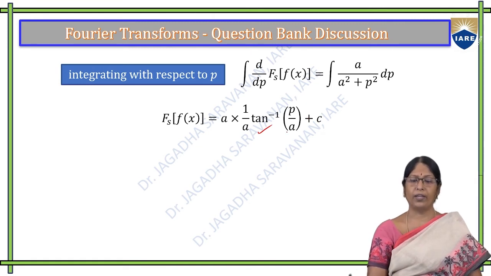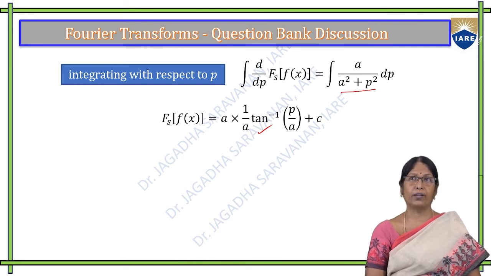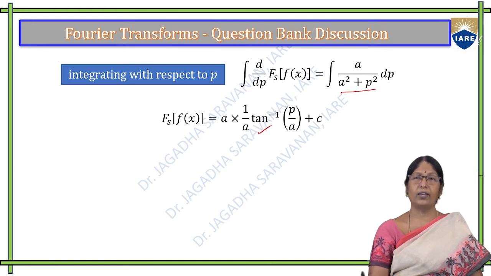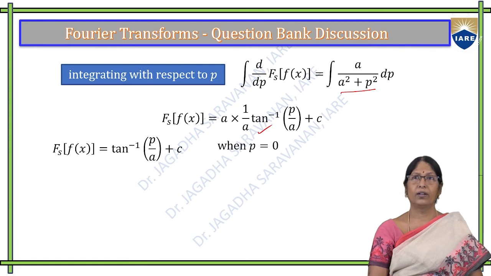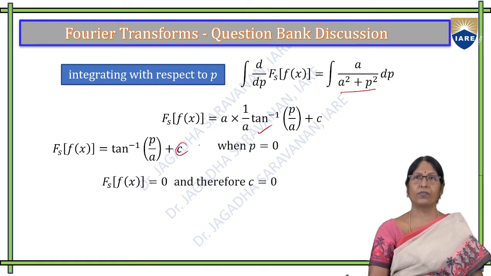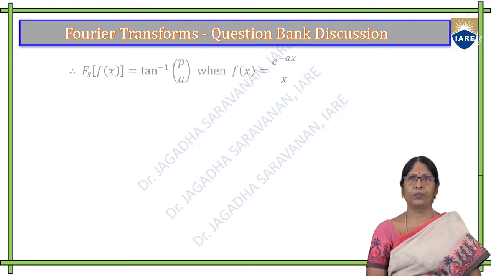Again here we are recollecting a small basic integral formula, that is 1 by a tan inverse of p by a plus c. We are substituting p equal to 0 to find this constant value, that is also 0.